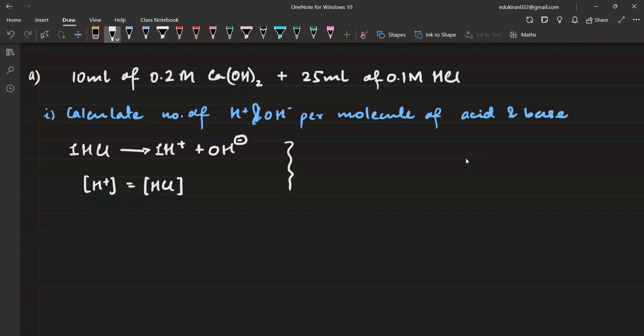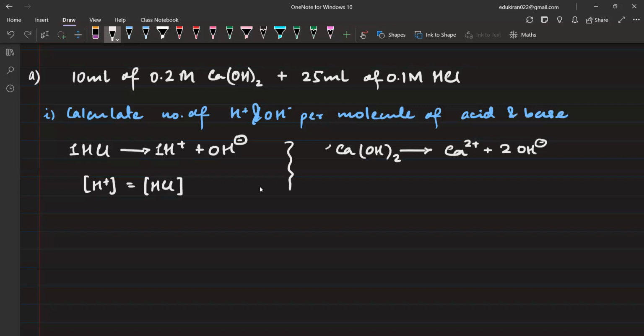What is the base here? Ca(OH) whole twice. When it dissociates, it will give calcium 2 positive, right? And it will give 2 OH negative. Understood? Yes or no? Yes, sir. Okay.